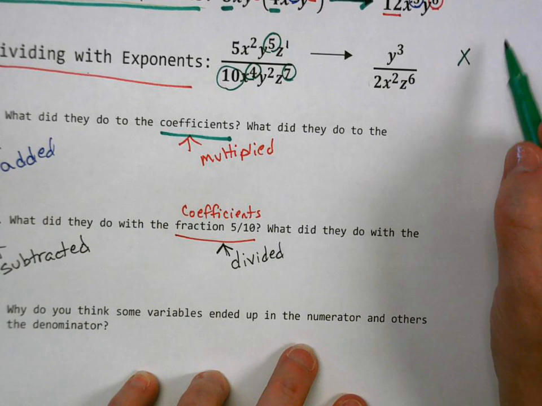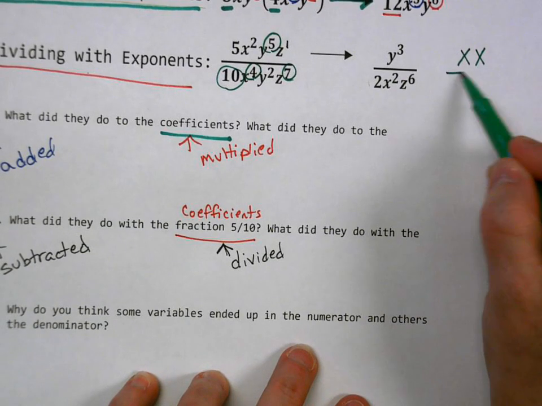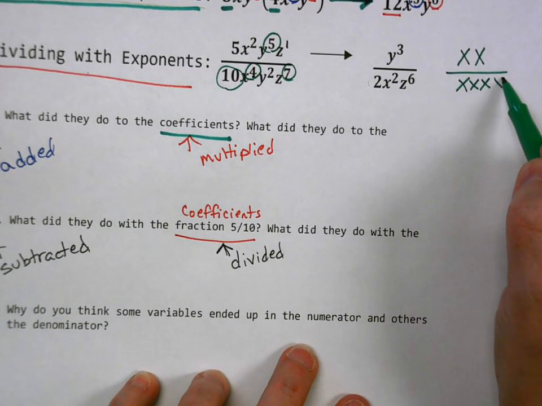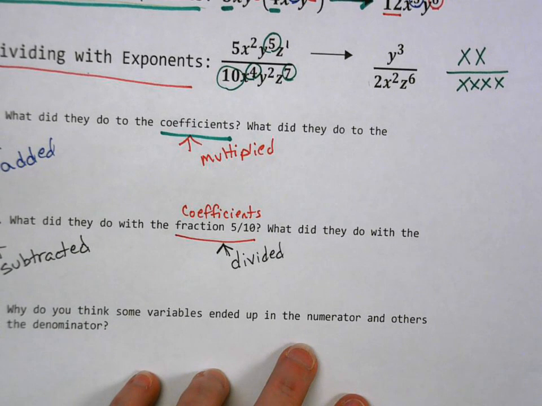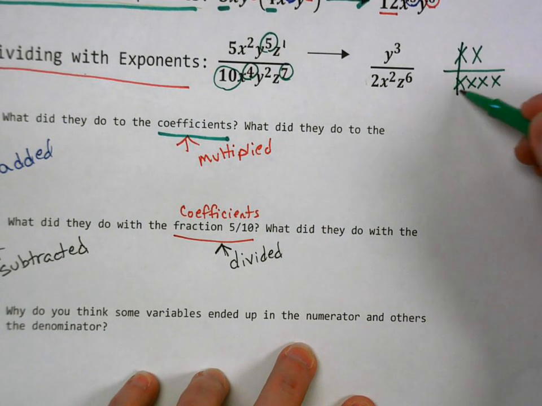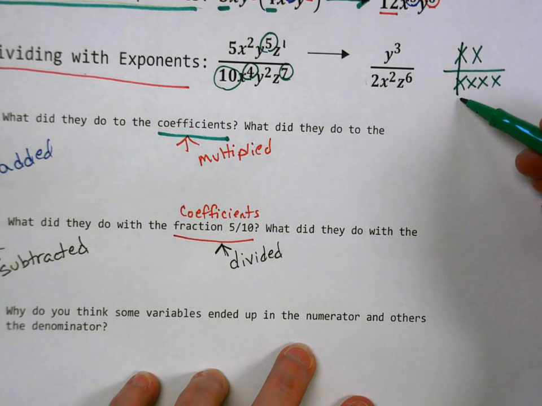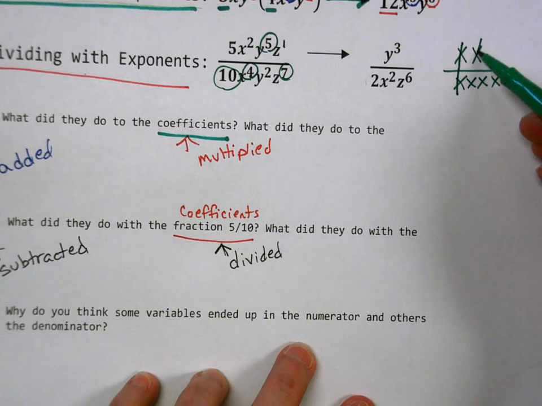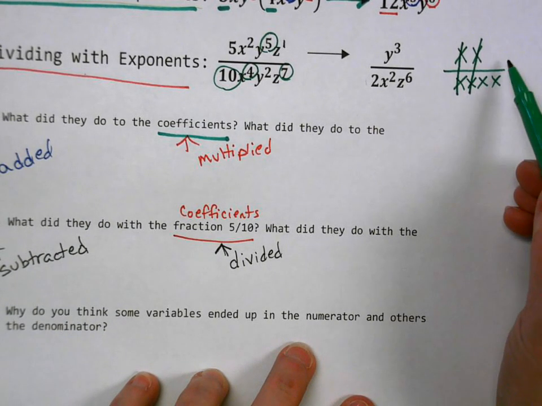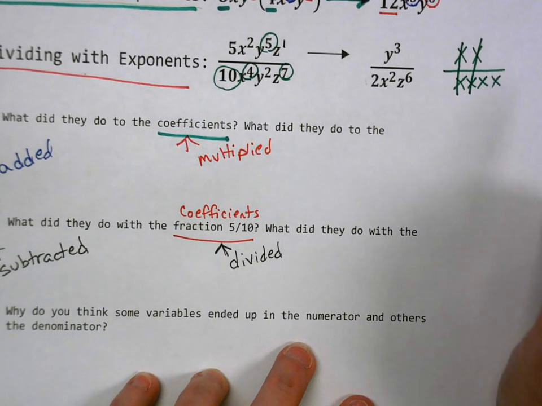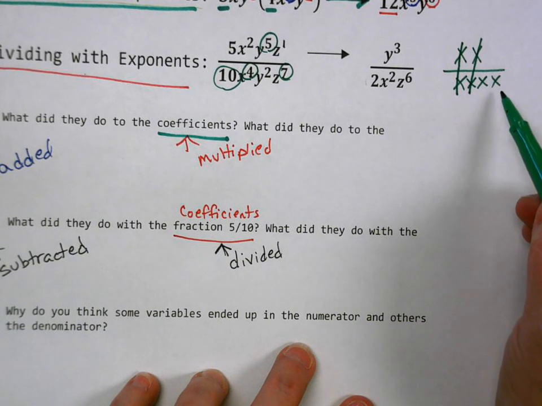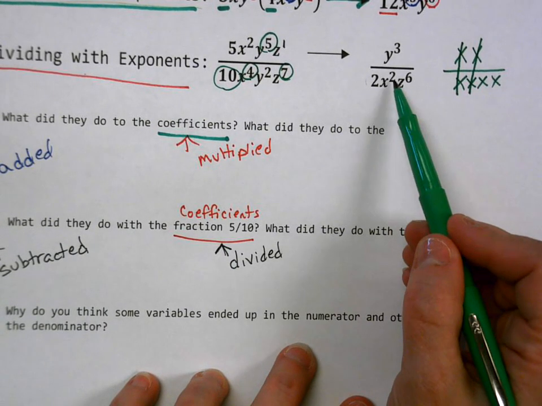Because remember when we simplify, guys? When we have the same thing on the top and the bottom when we're dividing, they cancel each other out, right? So this x from my x squared would cancel with 1 x on bottom, and this x would cancel with another x on bottom. So am I left with any x's on top? No, but how many x's am I left with on bottom? 2. So that's why I have this x squared here.